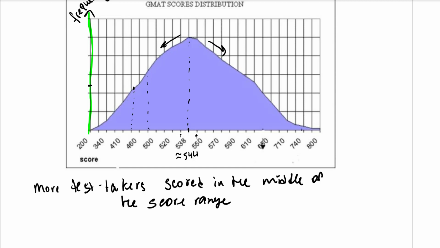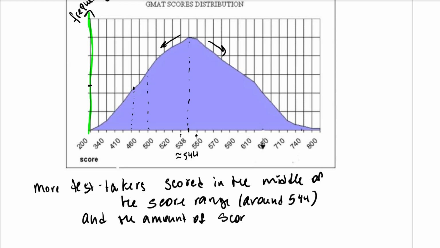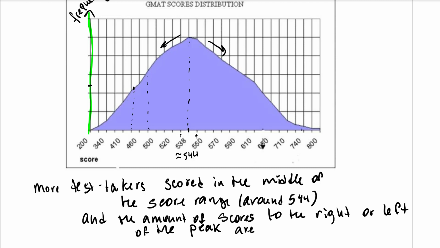More test takers scored in the middle of the score range, around 544, and the number of scores to the right or left of the peak are gradually decreasing.